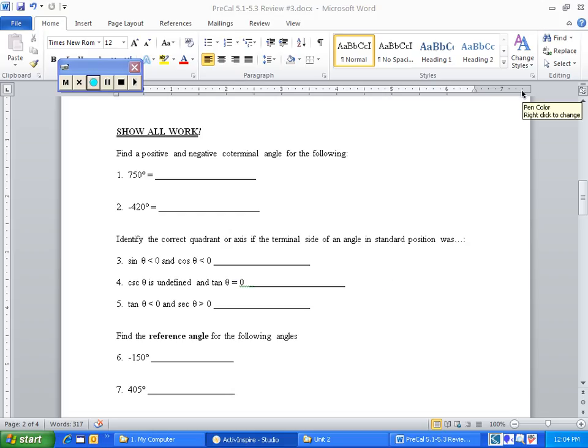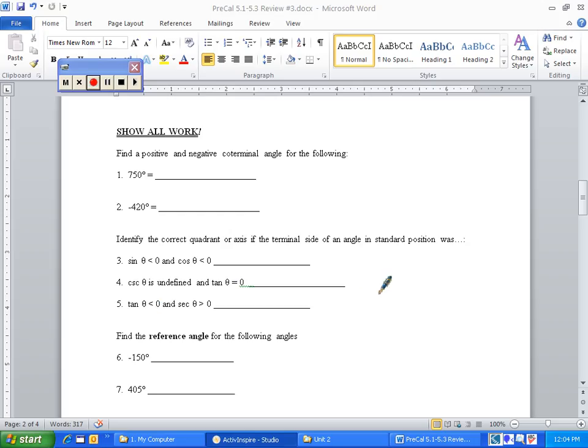says that tangent is less than 0, which means tangent is negative, and secant is greater than 0, which means secant is positive. Well, if secant is positive, that means that cosine is positive, because remember, they're related. So I need to look for a quadrant where cosine will be positive, that means my x value, and that tangent is negative.